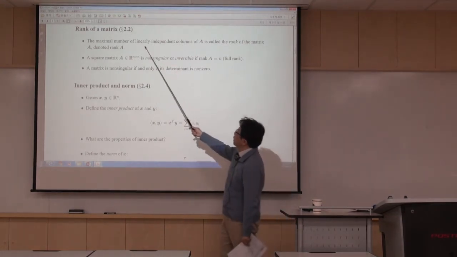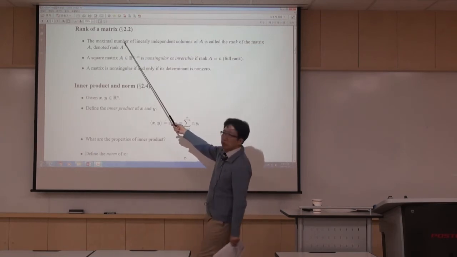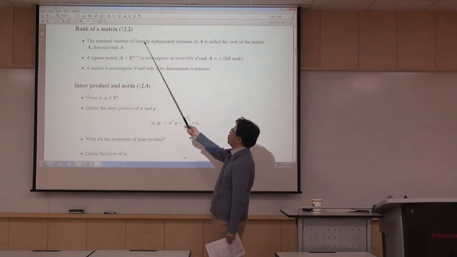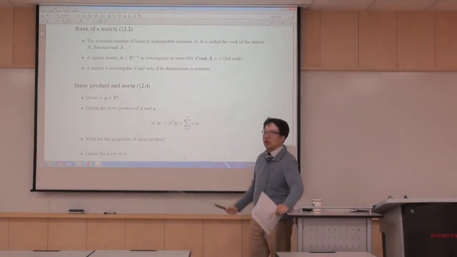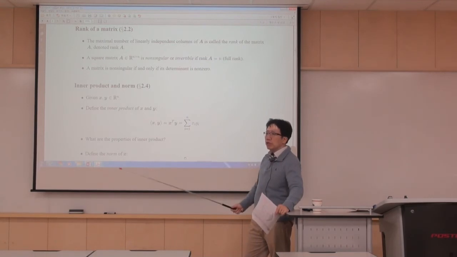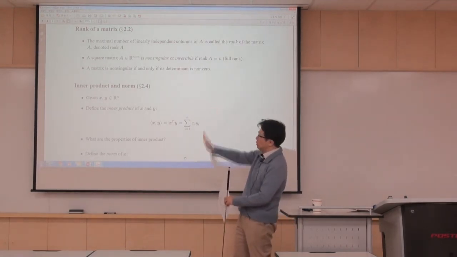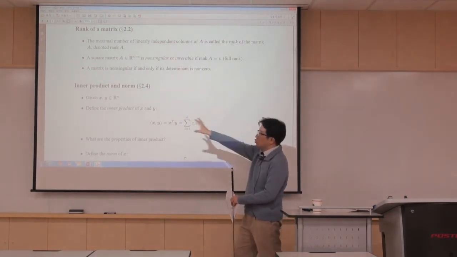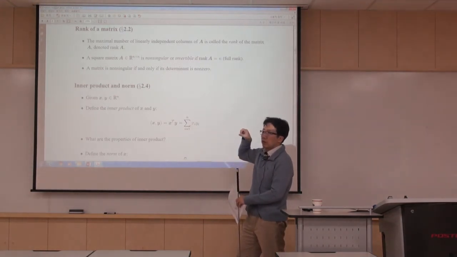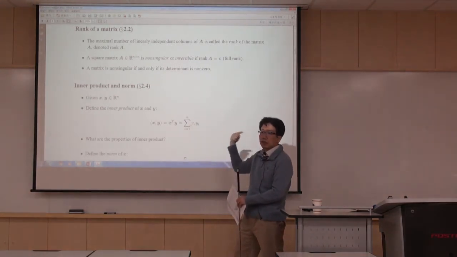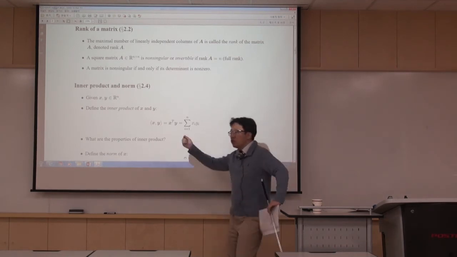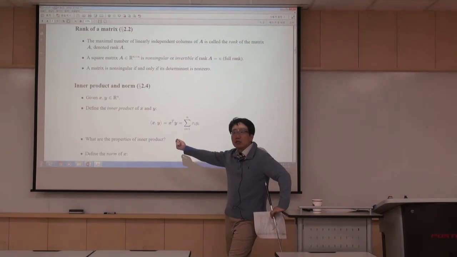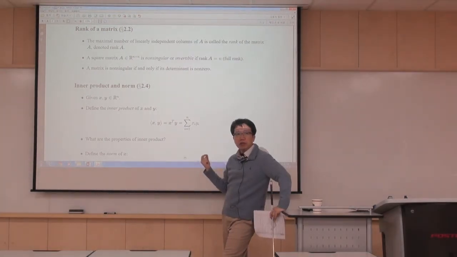So as it says, the maximum number of linearly independent columns of A. So you are given a matrix A. Now you view it as a collection of columns. Okay. Now you choose some of them. Okay. And check whether they are linearly independent or not. Okay. For example, if you choose one non-zero column, then definitely it is linearly independent. Okay.